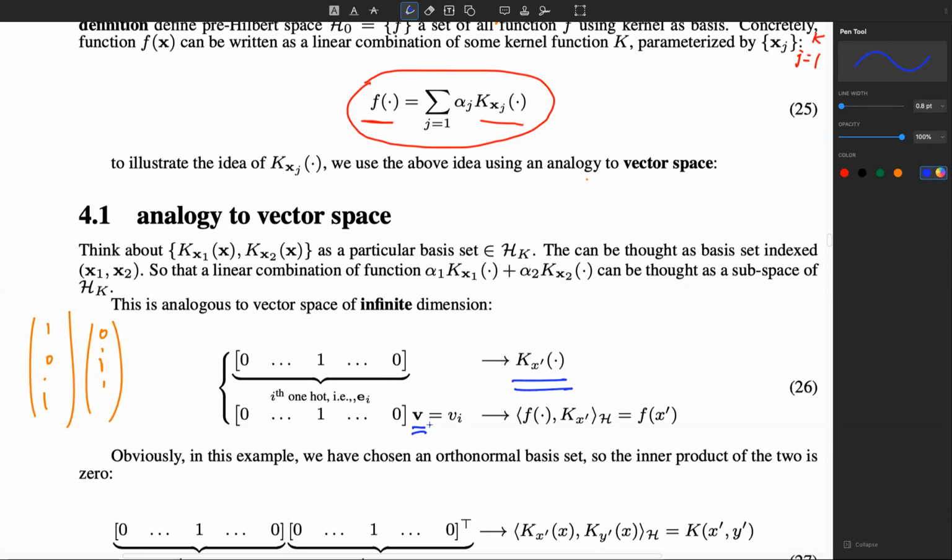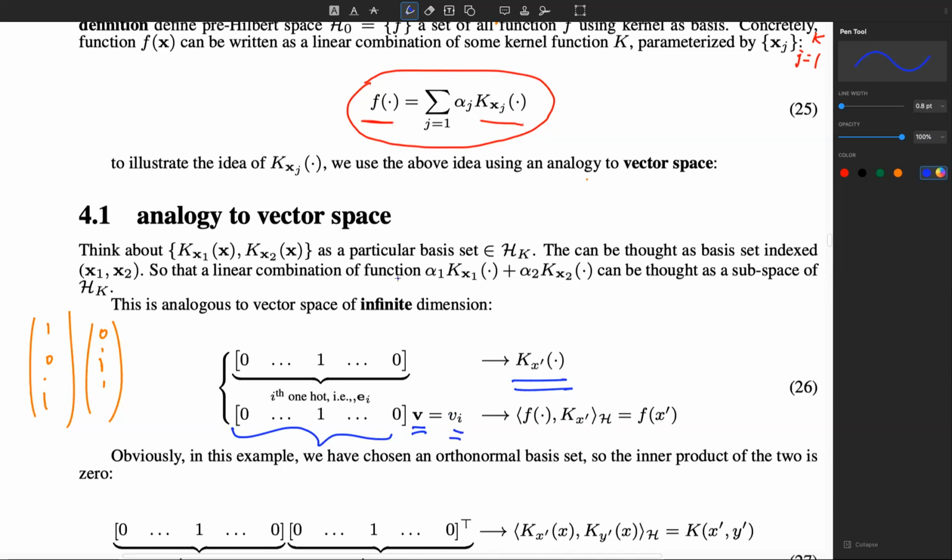I will take the inner product with this basis, and it will give me the ith element. Okay, so that's called reproducing my ith element. I'm just retrieving a certain element.